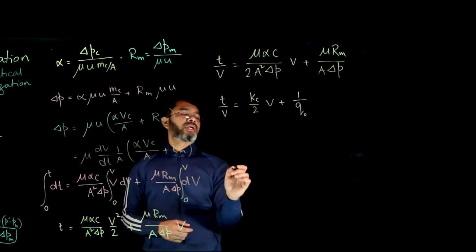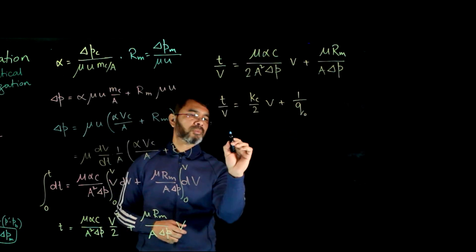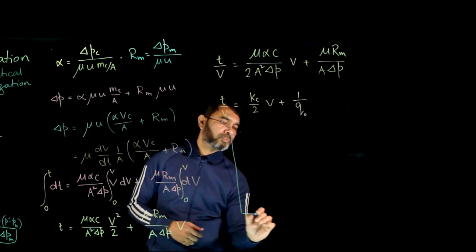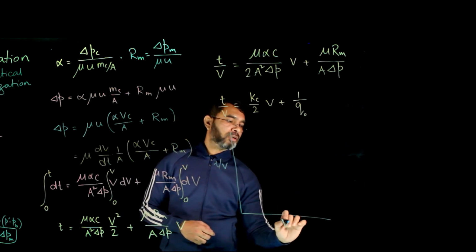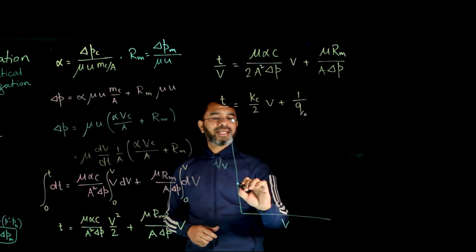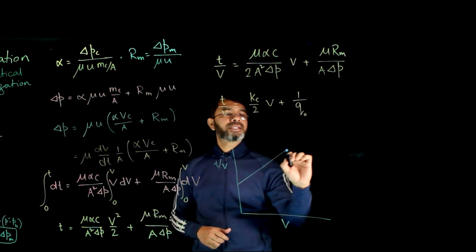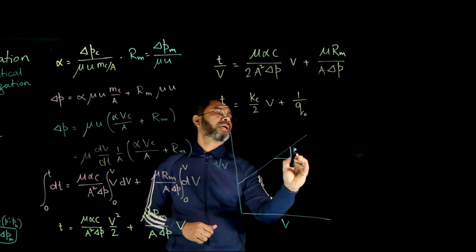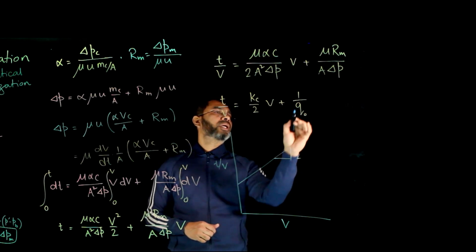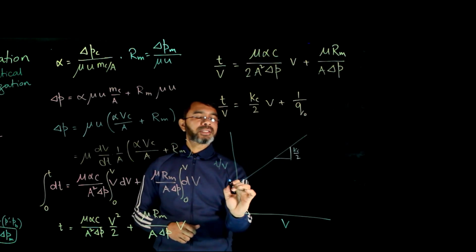So in this equation, you see that if you plot t over V as a function of V, you will get a straight line, where the slope of this straight line is given by Kc over 2, and the intercept is given as 1 over q naught.